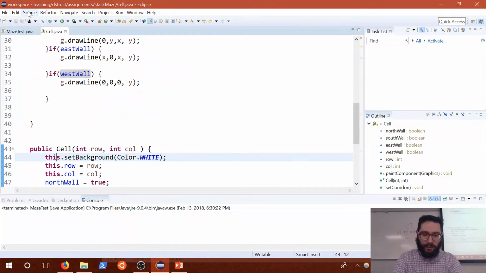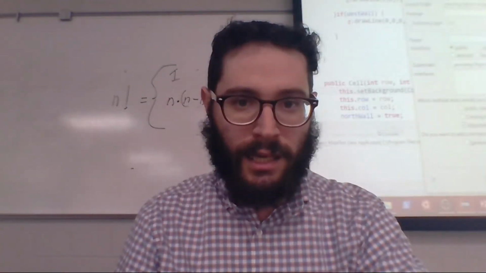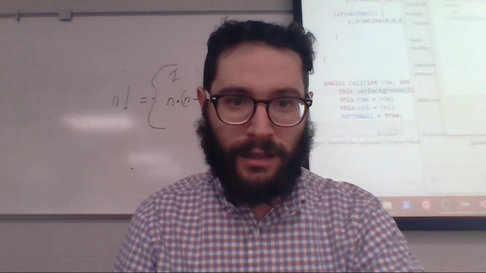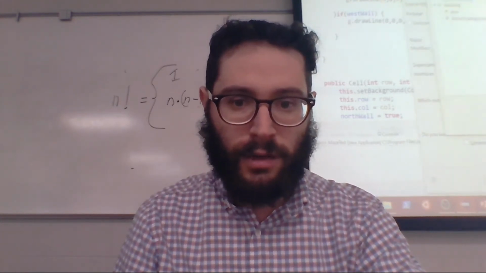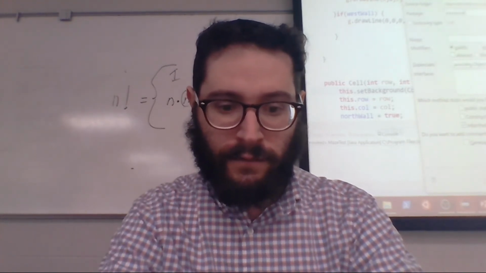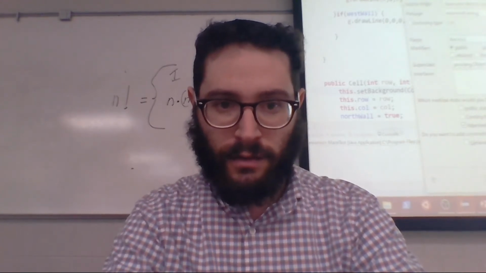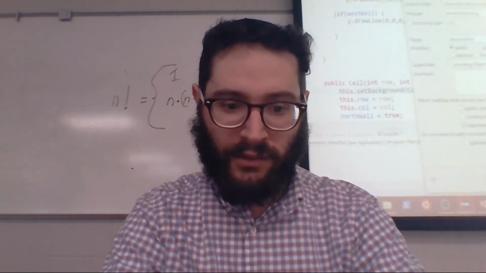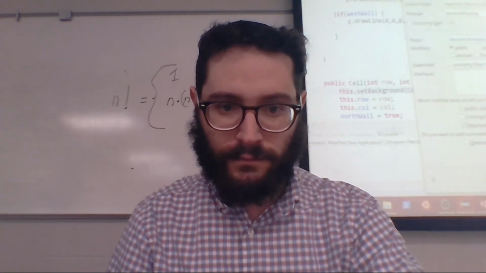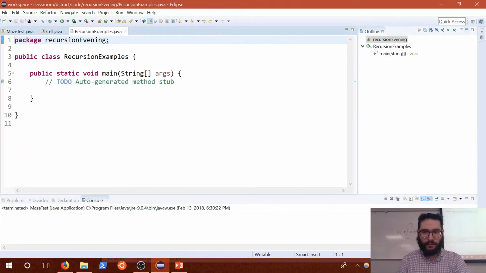So let's go ahead and create a new class. It will be in classroom, code, in package recursion, evening, and we're going to call it recursion examples for my class. Create that.